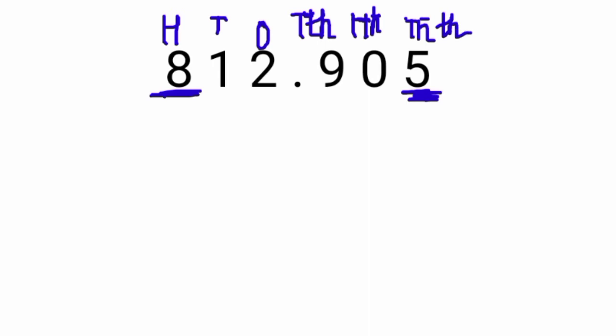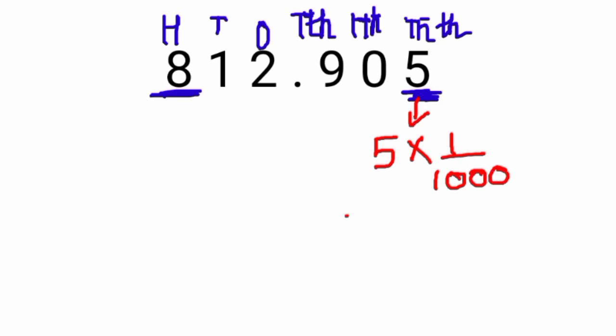Clear? Firstly write the places. Before decimal ones, tens, hundreds. After decimal tenths. That means 1 upon 10. Hundredths means 1 upon 100. Thousandths means 1 upon 1000. Write the place value of 5. 5 multiply. This place is thousandths, that means 1 upon 1000.